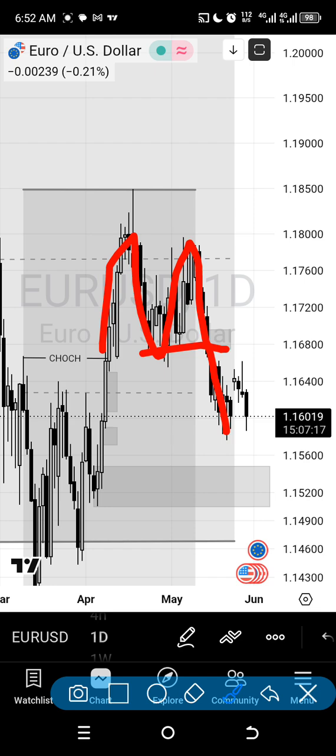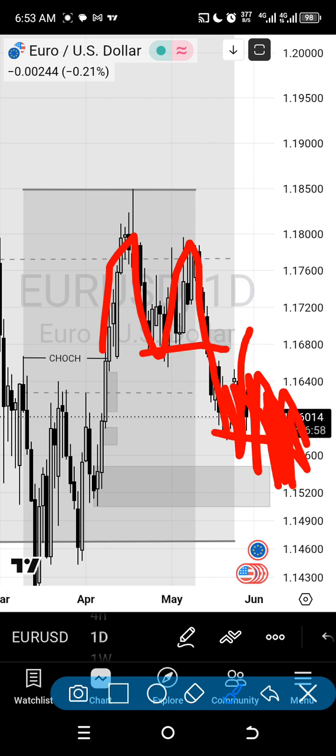Whenever we have a break of structure, which is also called an expansion profile, what we should expect is a retracement profile, or we expect a range profile. These are the two possible expectations whenever we get an expansion, higher or lower. This is what we should expect. This is the daily time frame.